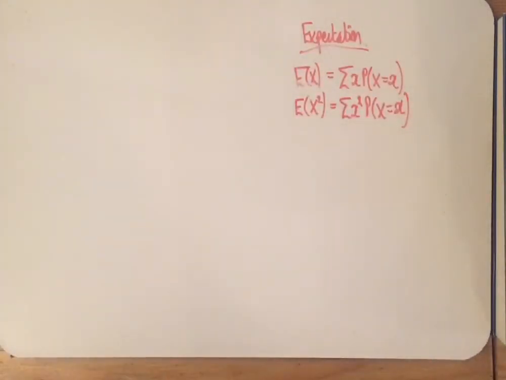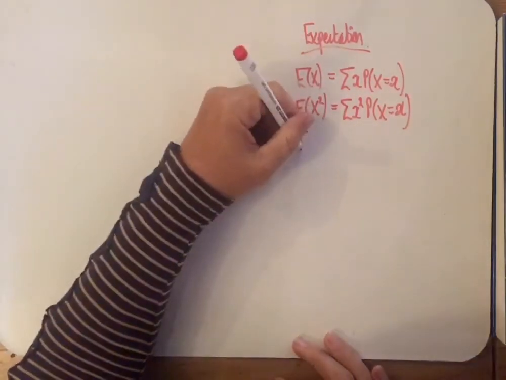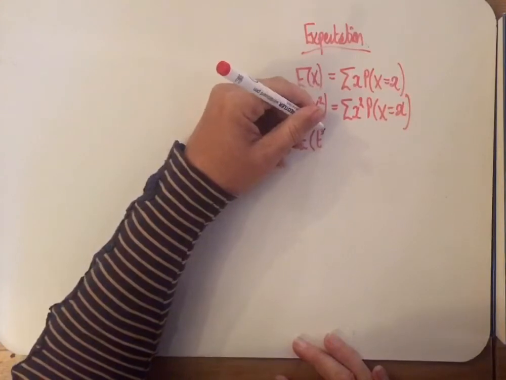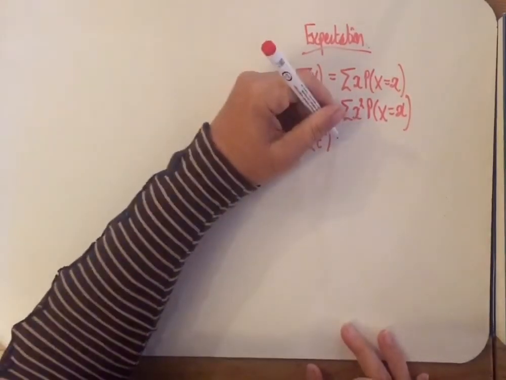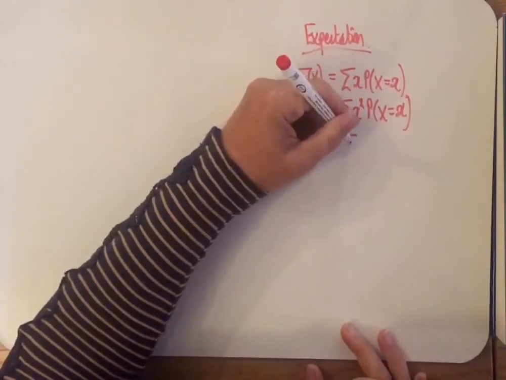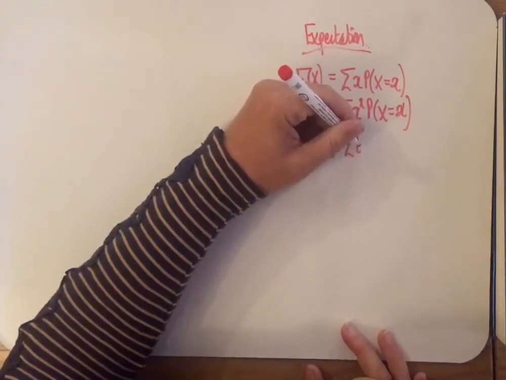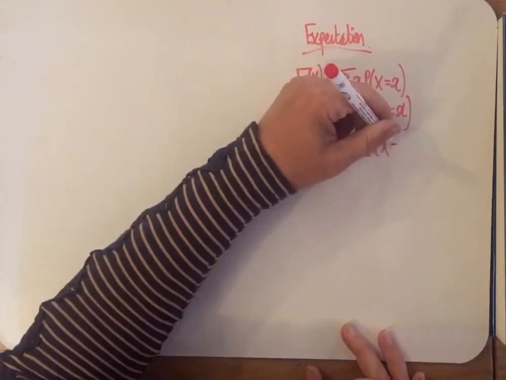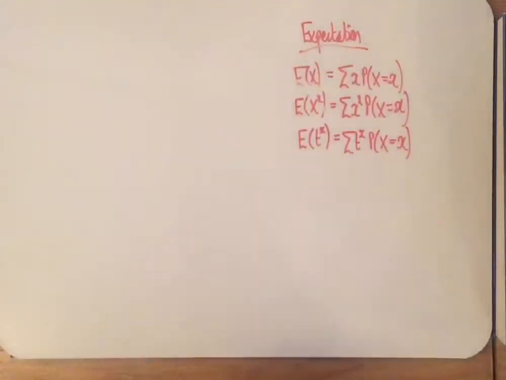And then we can extend that a little bit. If you wanted the expectation of t to the power of X, that's going to equal the sum of t to the x times the probability X equals x.